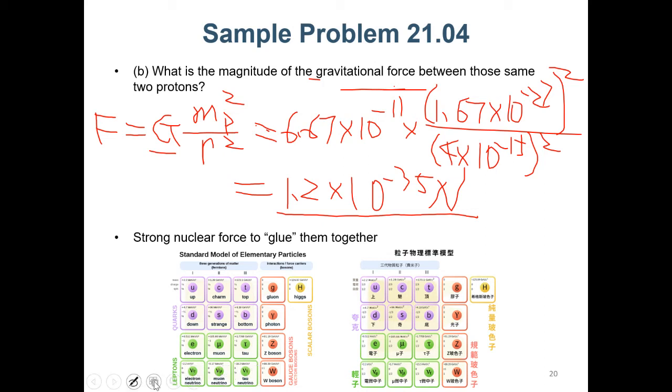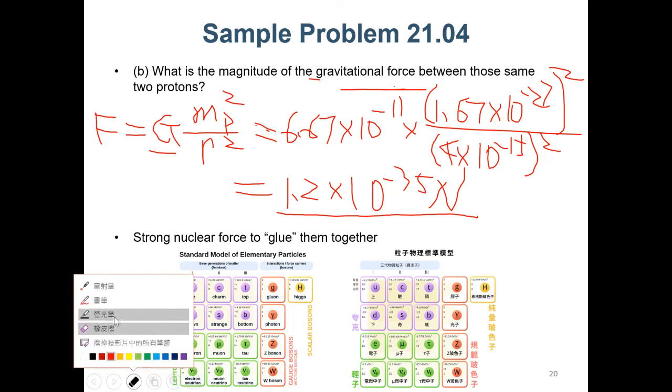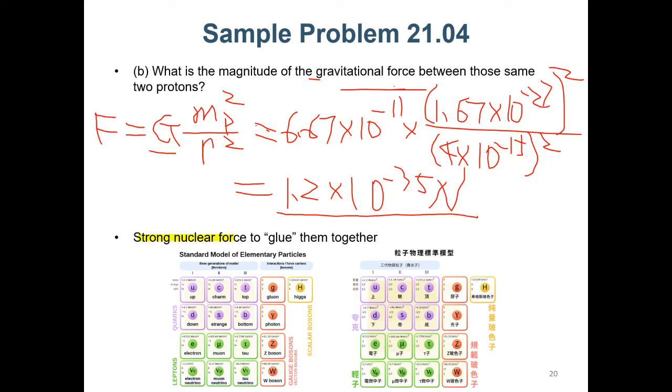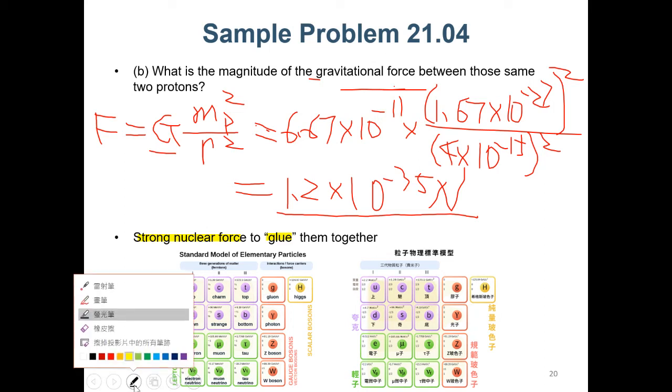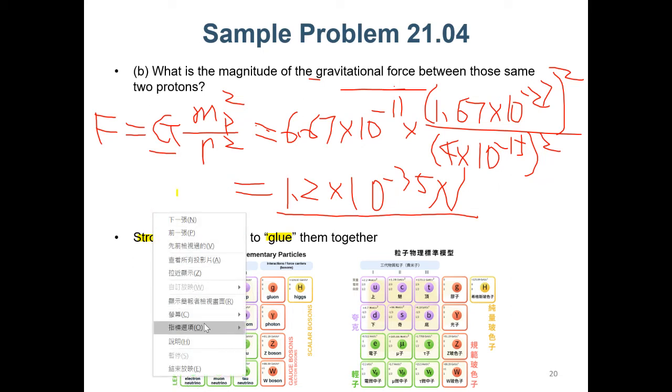We really need a strong nuclear force to glue the protons together. Otherwise, the nucleus cannot be stable. I will not talk about this very much, but I just show it a bit.